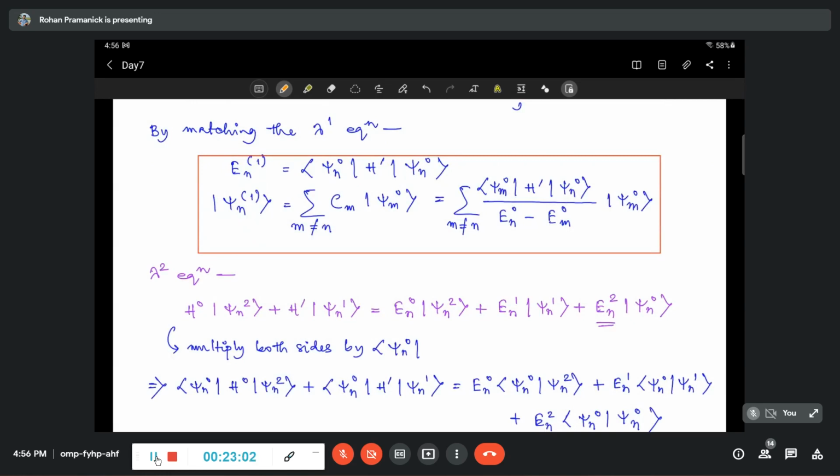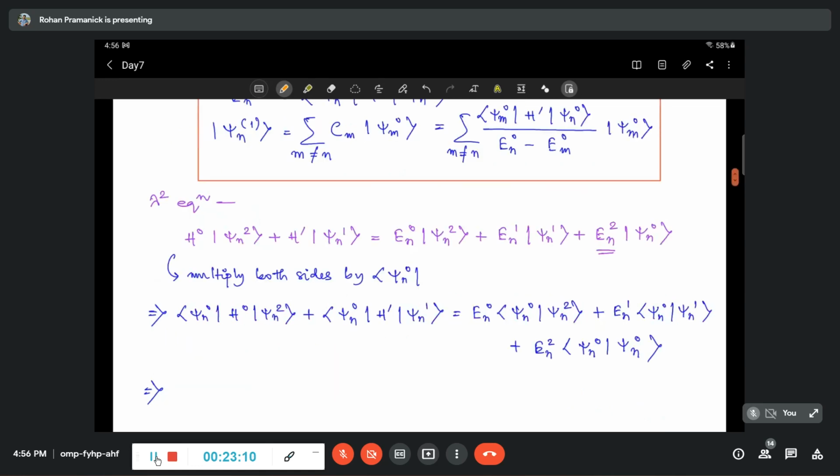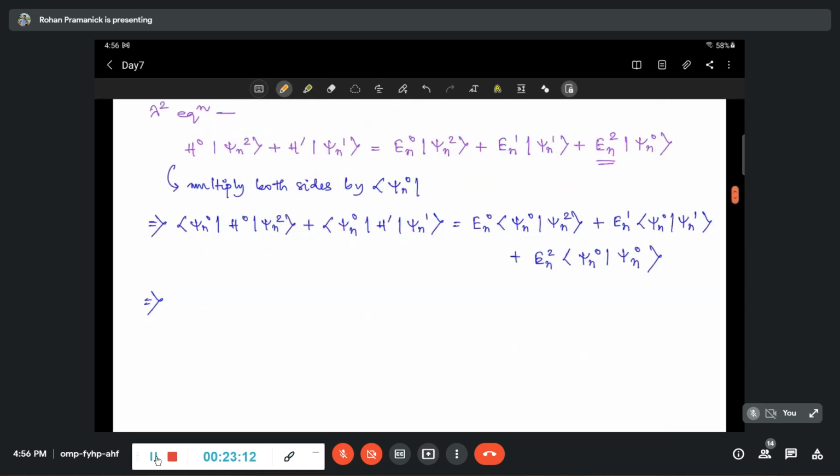And we know that psi n0, the unperturbed energy eigenstates, are orthonormal to each other. So it would have given a finite number if psi n1 contained psi n0, but we have explicitly avoided it. That's why this is 0. So all of you are correct. This is 0 because psi n1 does not contain psi n0.